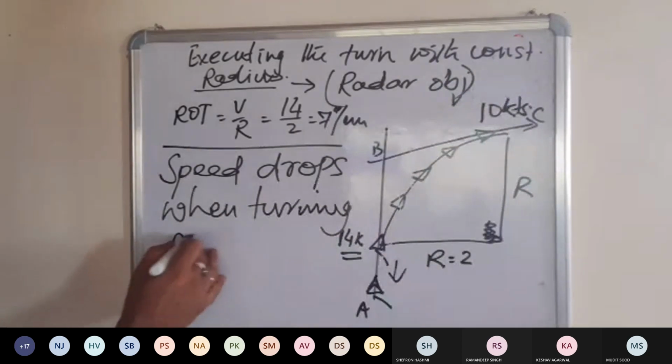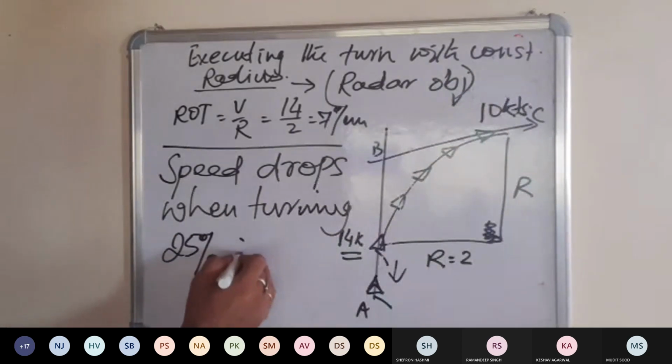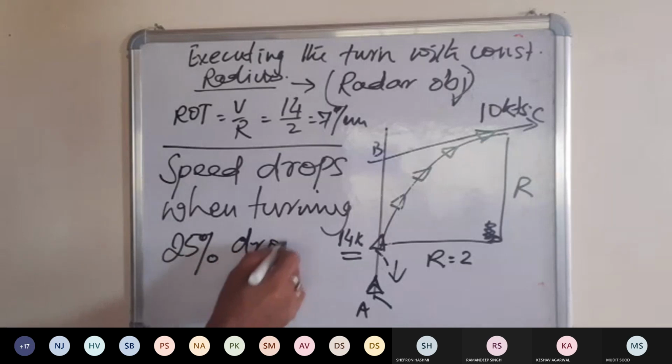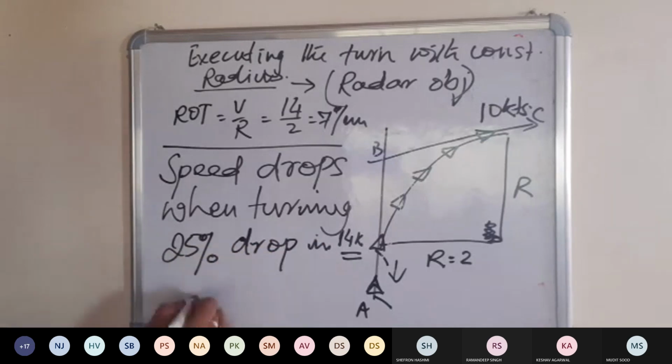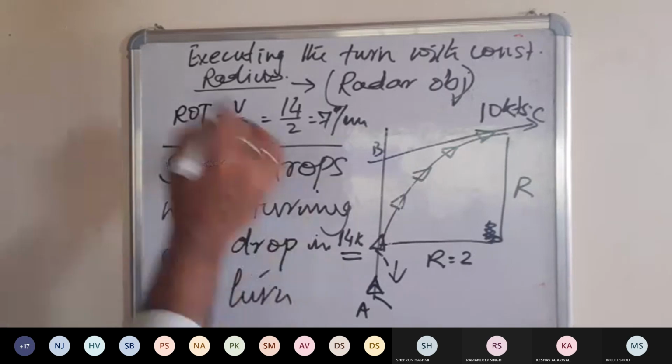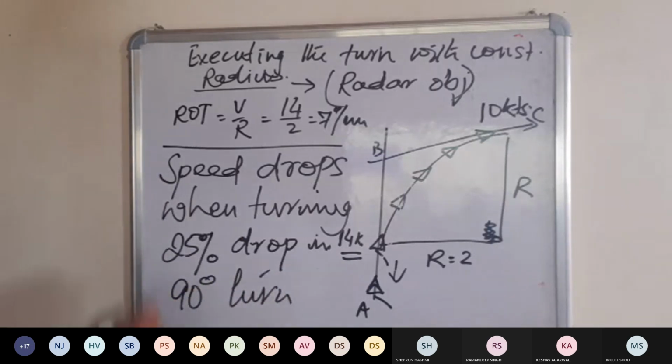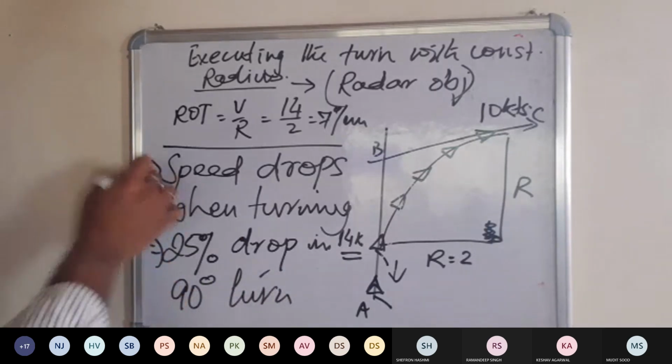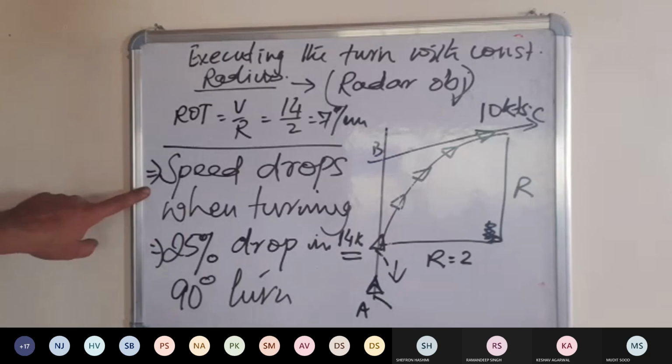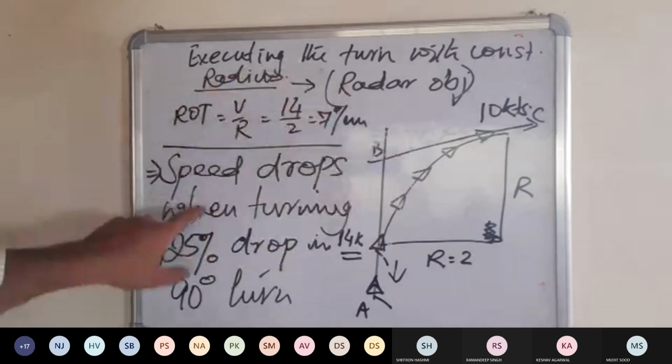There is almost 25% of drop in 90 degrees of turn. So when the vessel is turning, the speed will drop.